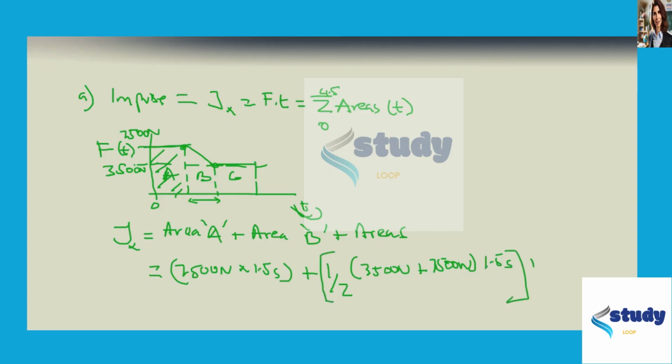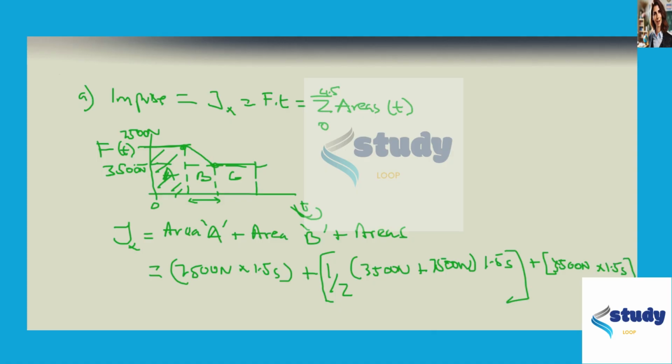That's the second area. And then the last area is just another rectangle with a height of 3,500 newtons and a base of 1.5 seconds.